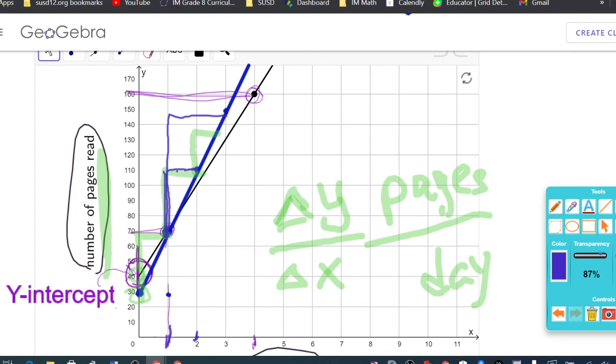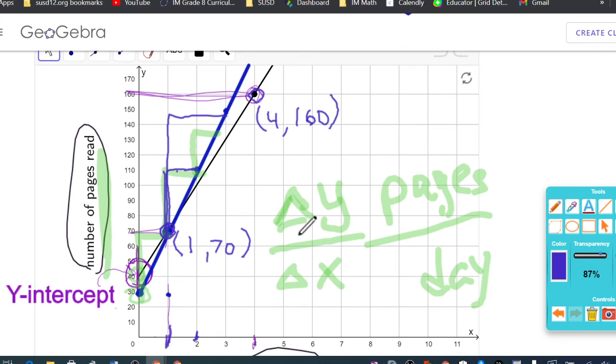Okay, what about Lynn's incorrect line? I've scribbled all over my graph, so let me put on the coordinates here. When x equals 1, she has a point at 70 pages. That was the original point on Lynn's graph. And then this other point on Lynn's graph, which was incorrect, x equals 4, and the pages equals 160. So what is the slope of this incorrect line?